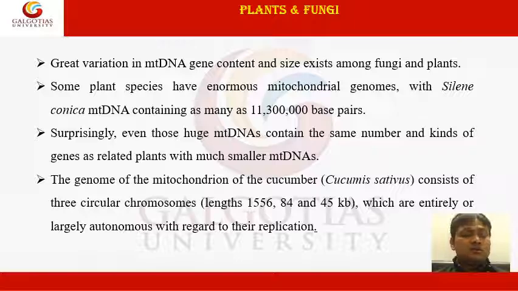The mitochondrial genome of the cucumber, Cucumis sativus, consists of 3 circular chromosomes, with lengths of around 1556, 84 and 45 kilobase, which are entirely or largely autonomous with regard to their replication.